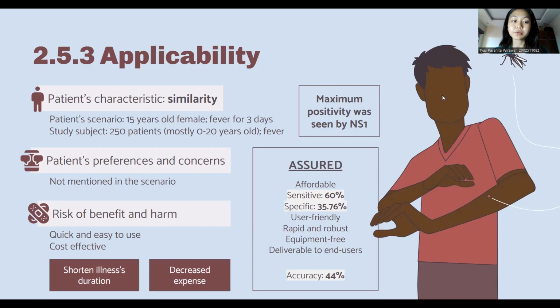In the scenario given before, there are no specifications for preference consideration. But generally, there are some specific considerations in selecting the diagnostic test, which is further called shared decision-making, explained further in the box on the right.